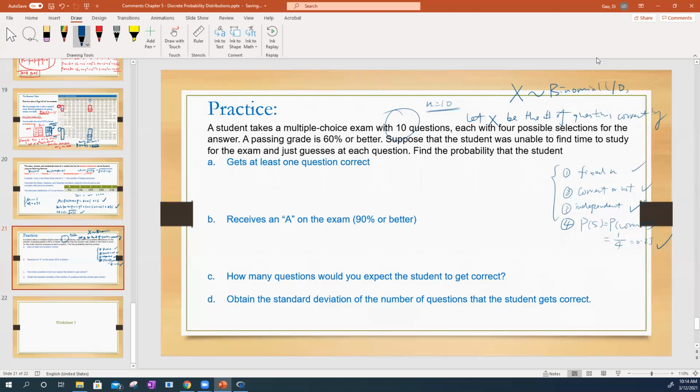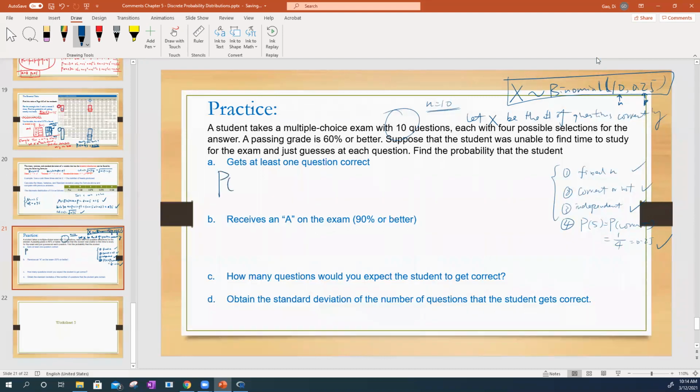So n is 10, p is 0.25. So binomial 10, 0.25. N and p. Okay, so that fixes the binomial distribution. Recall the table, right? If you have n and p, then you know all the values x can take, and the corresponding probabilities.